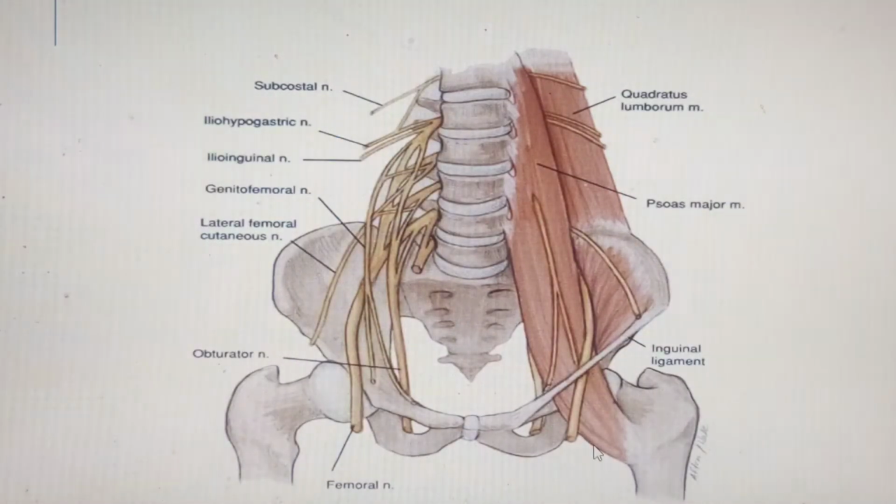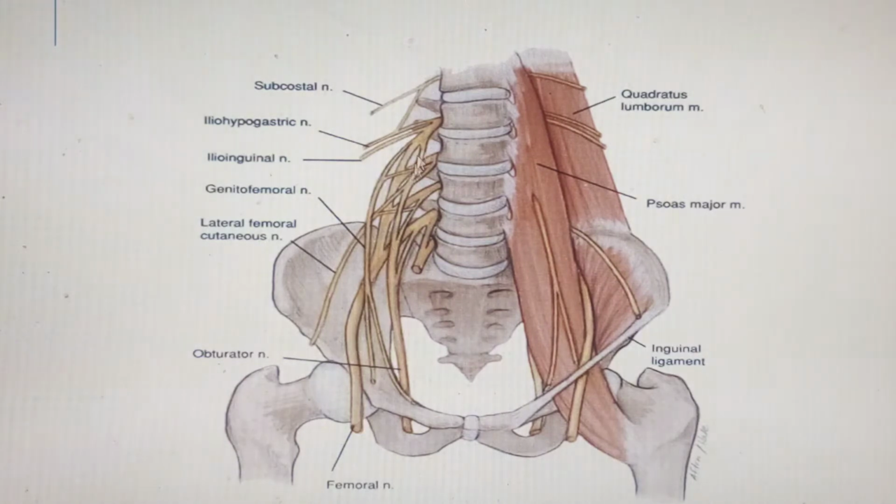So there we are. Schematically, I've shown you this diagram when we looked at the lumbar plexus. We said that this nerve, which is the femoral nerve, is the thickest nerve, the largest nerve, which emerges from the lumbar plexus.